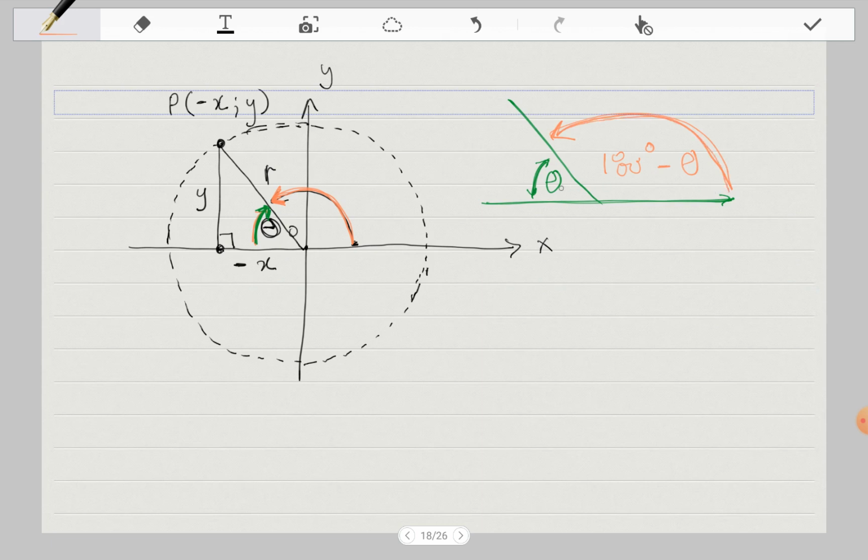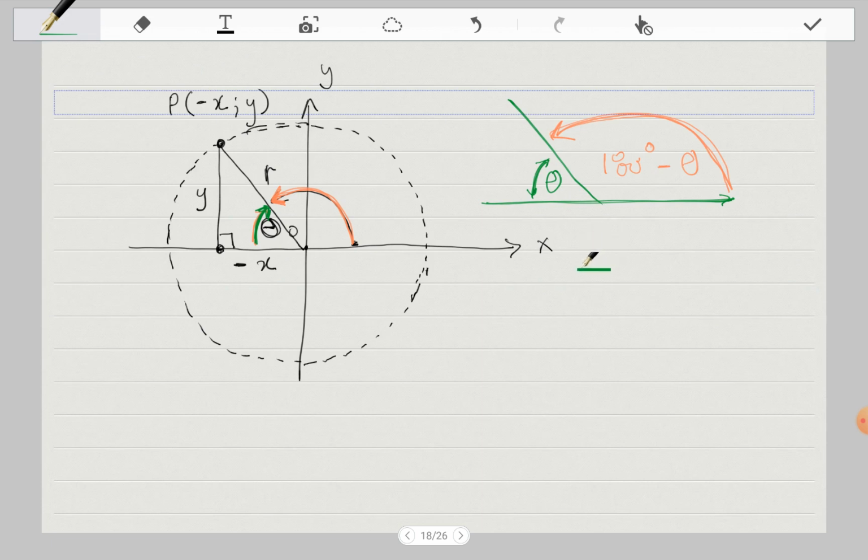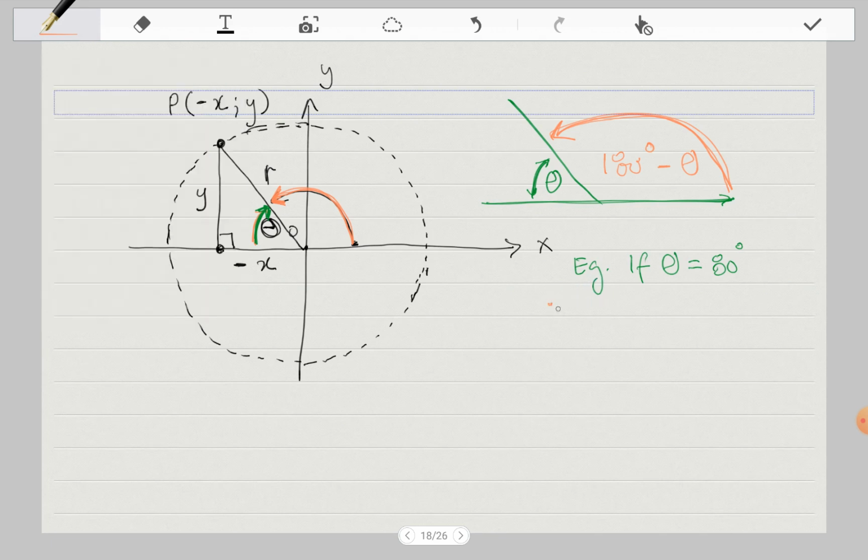So, for example, if theta is, let's say, 80 degrees, then we know from basic math that we would get 180 minus that 80 degrees, which is 100.